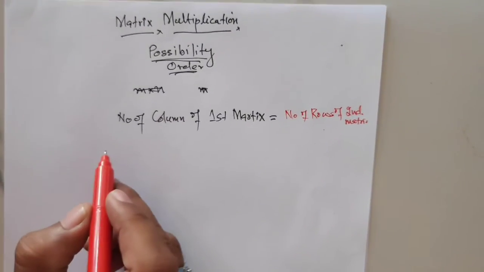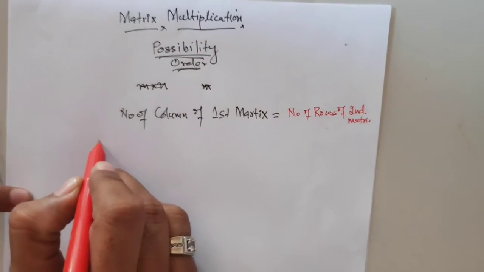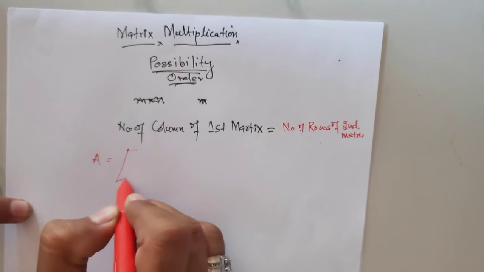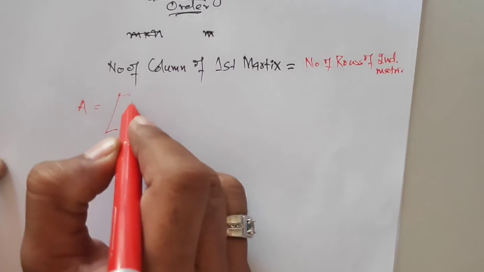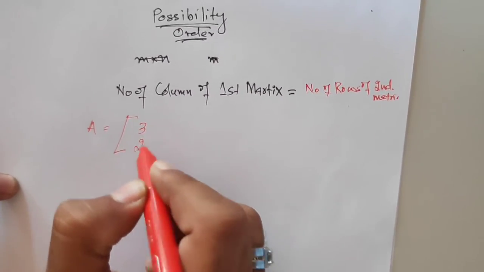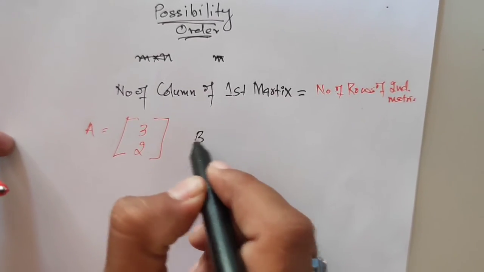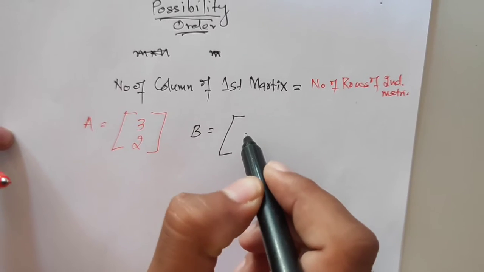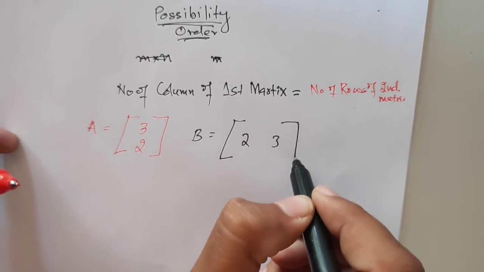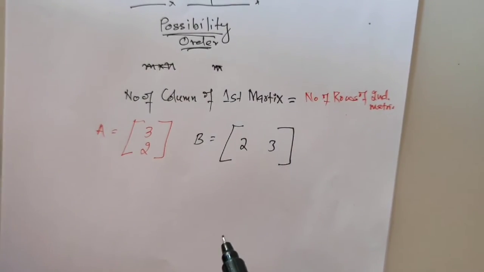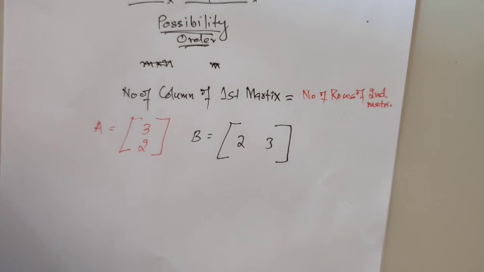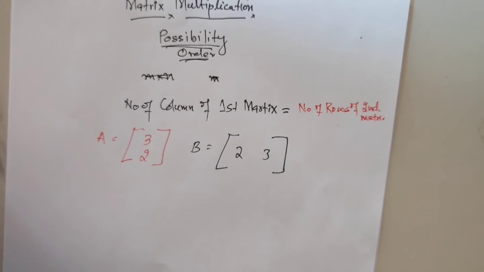Suppose A is a matrix, and here is the order we took, 3 and 2, and here is the B matrix, which is 2 and 3. Now first of all we check the possibility.